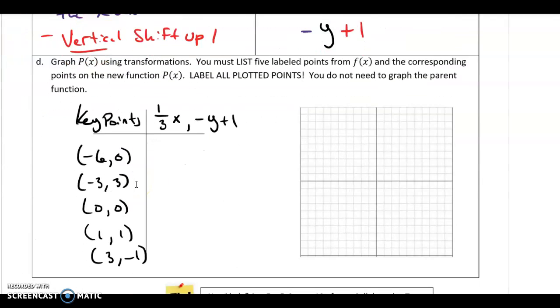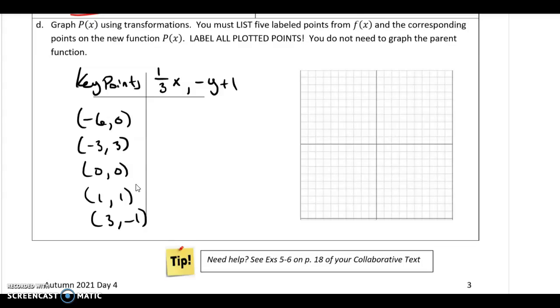So let's get these points. 1/3 of -6, well, -6 divided by 3 is -2. And then -0 plus 1 is 1. Again, I'm just taking the x and doing 1/3 times -6 for our x value. We're kind of applying that formula. And then -0 plus 1 gives us that value, okay? Now, 1/3 of -3 is -1.